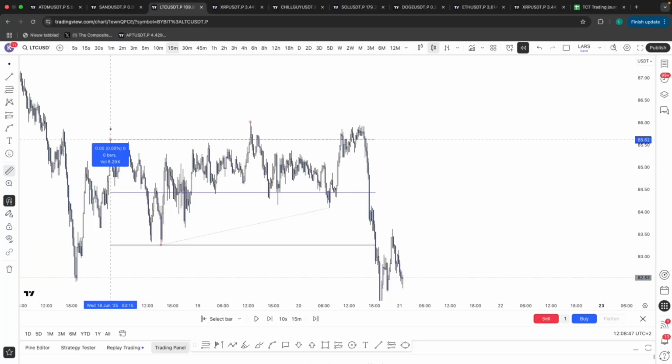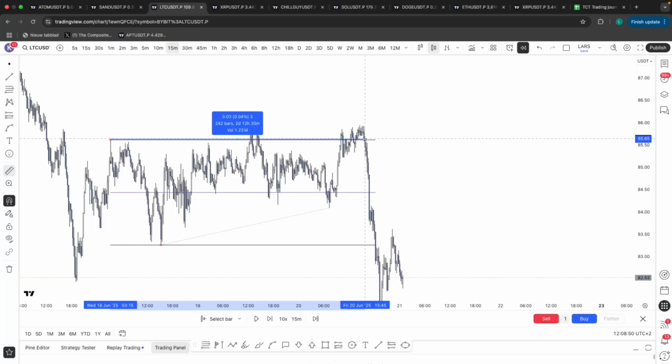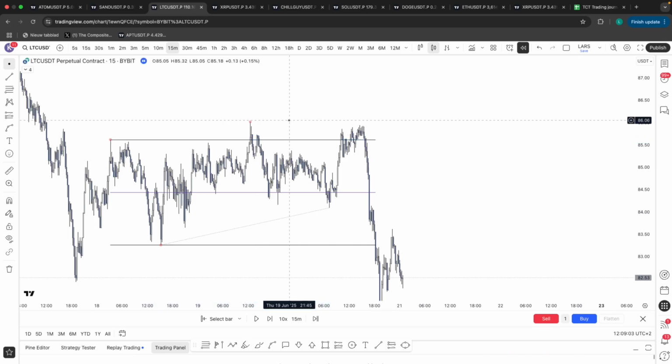The time spent in between that range starting point and that third tap confirmation is already going to be around 2 days and 12 hours and 50 minutes, which well exceeds that minimum duration of 1 day minimum. So we're in a high probability ranging environment due to the actual proper range and the liquidity getting built below, while also meeting the requirements of the minimum range duration, indicating that we're not trading an irrelevant model.